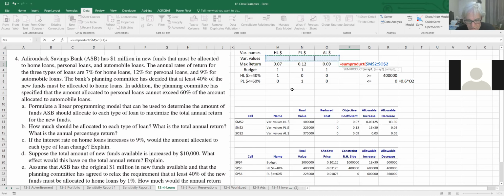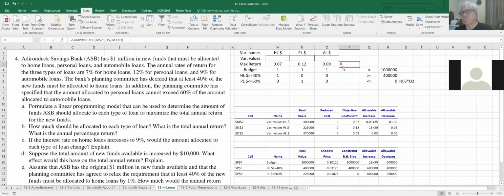You'll see in a second why. Then comma, and now you enter the second array. These are the cells involved in calculating the total return. Close parentheses, okay?